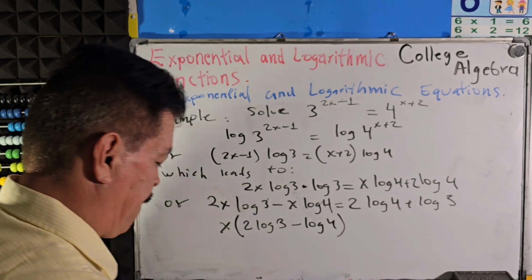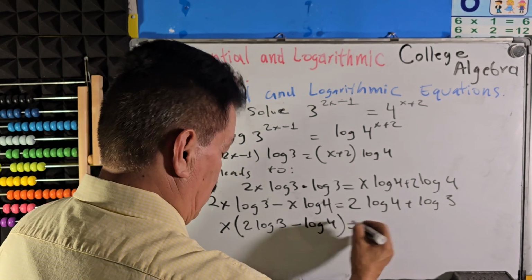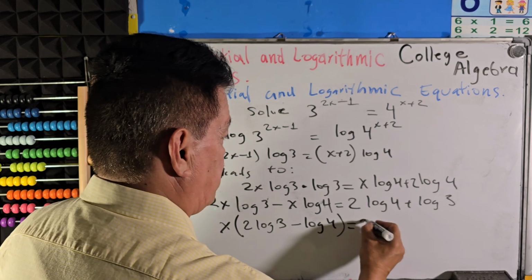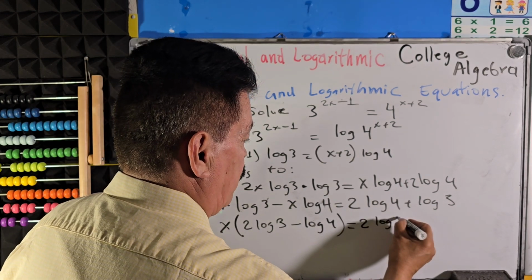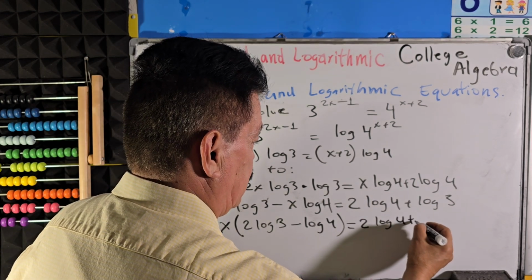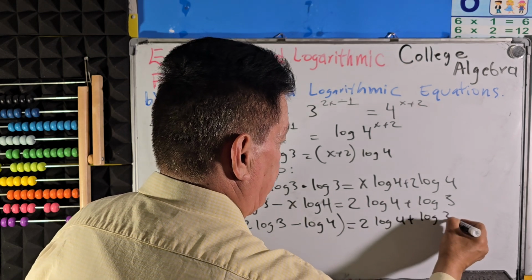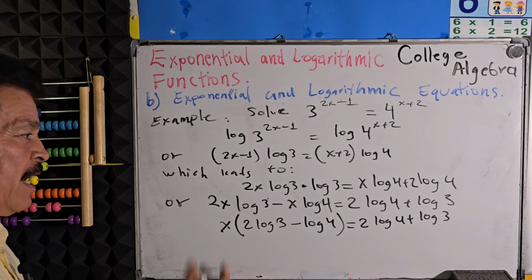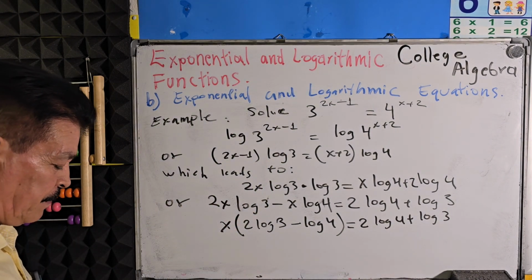On the other side, we bring down exactly the same thing, 2 log 4 plus log 3. All right? Got it? Step by step.